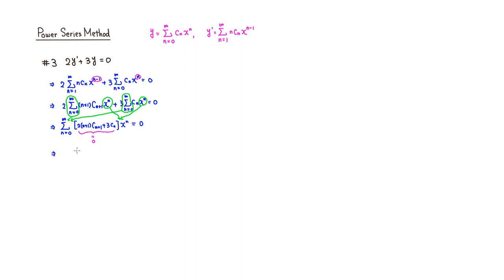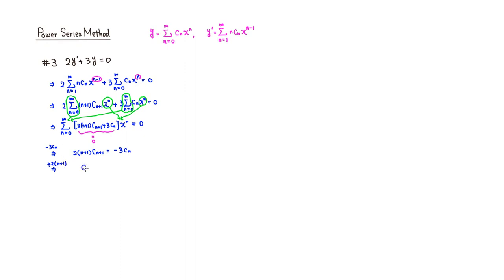So what you get is this condition: 2(n+1)c_(n+1), and I'm going to put the 3c_n on the other side by subtracting it, so it's negative 3c_n. Then I divide through by 2 times n plus 1.